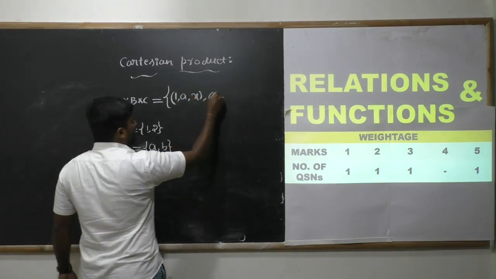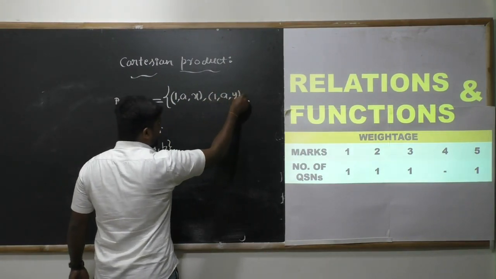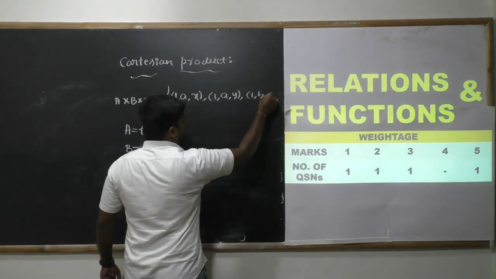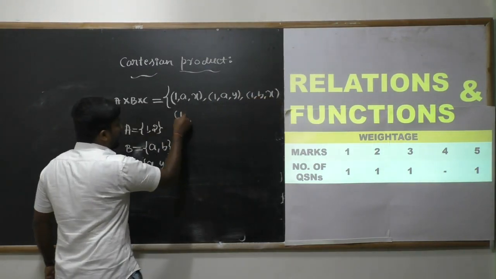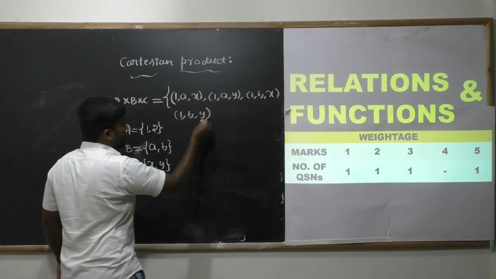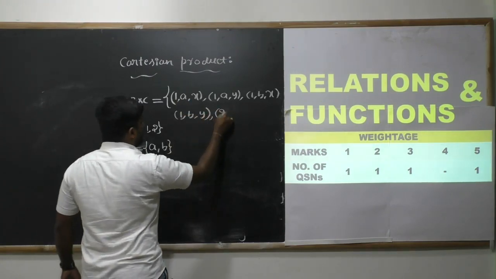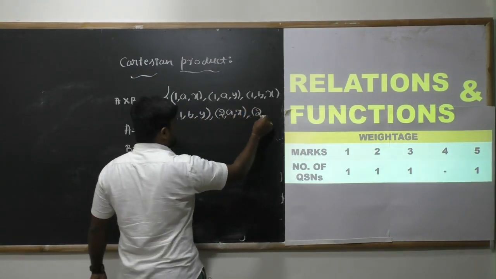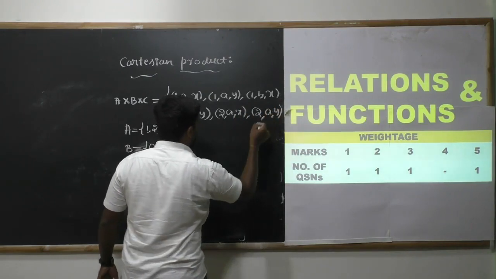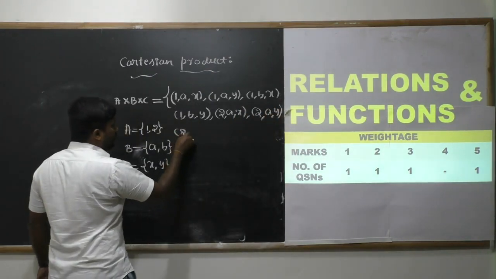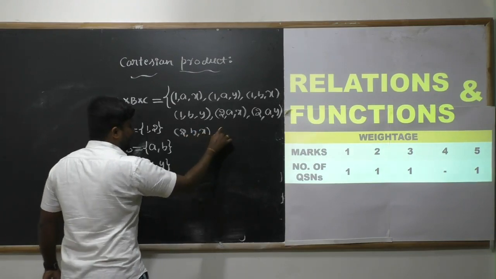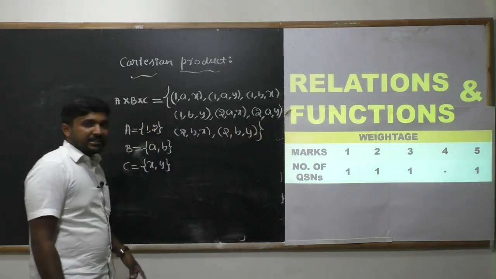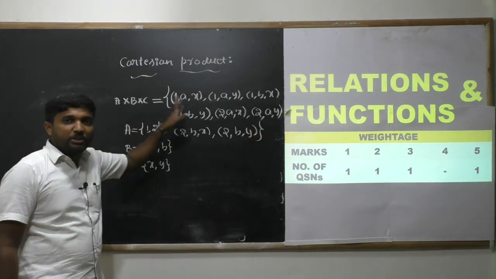Next, (1, a, y). Third element, (1, b, x). Next, (1, b, y). Fifth element, (2, a, x). Next, (2, a, y). Seventh element, (2, b, x). Then (2, b, y). These are the elements of A cross B cross C.